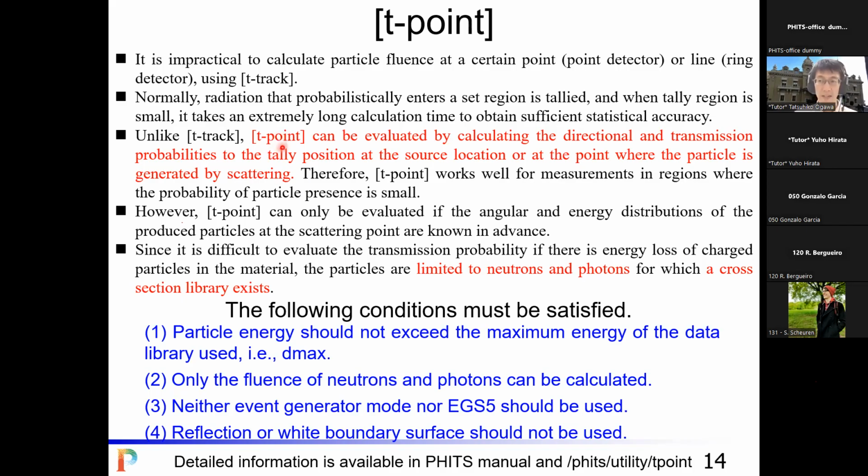So it is a bit CPU heavy, but after all, this calculation method is very fast because T-point can get contribution from particles at every scattering or particle generation.